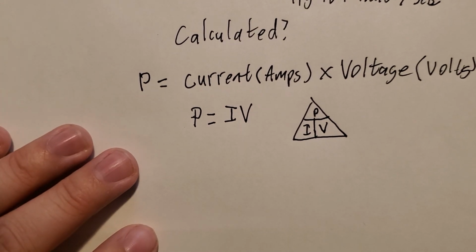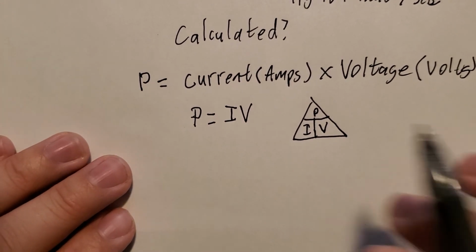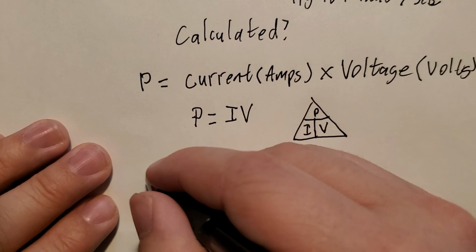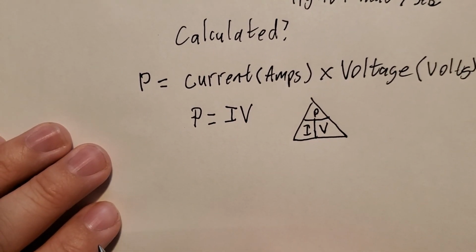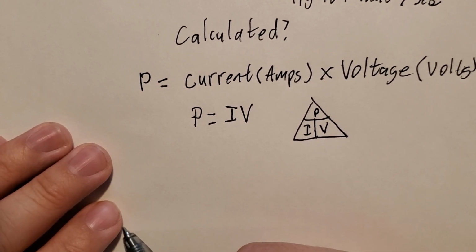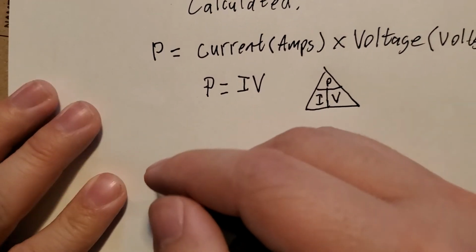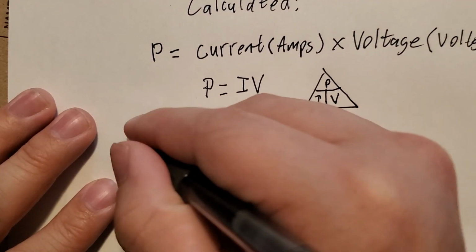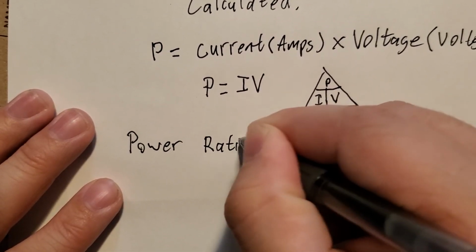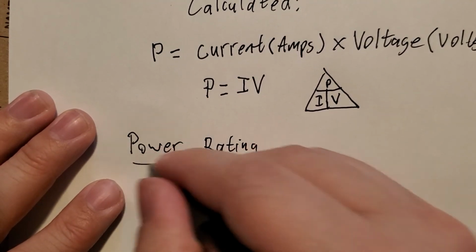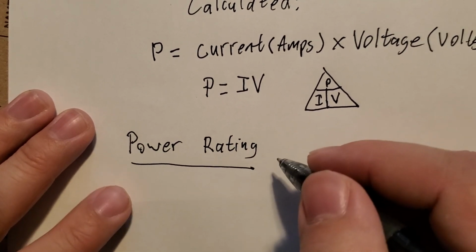So again, what is a power rating? You'll notice on those light bulbs, you'll see 40 or 60 or 100 watts, and even on hair dryers or something. These numbers that they put on things like that are called a power rating. Why does this matter? Why do they want to tell you this information?